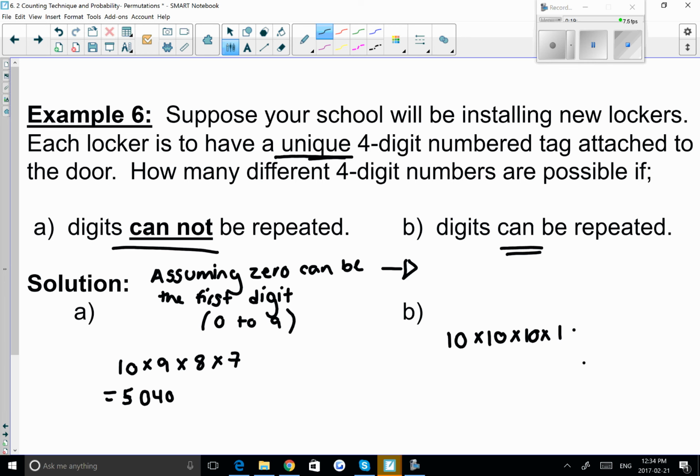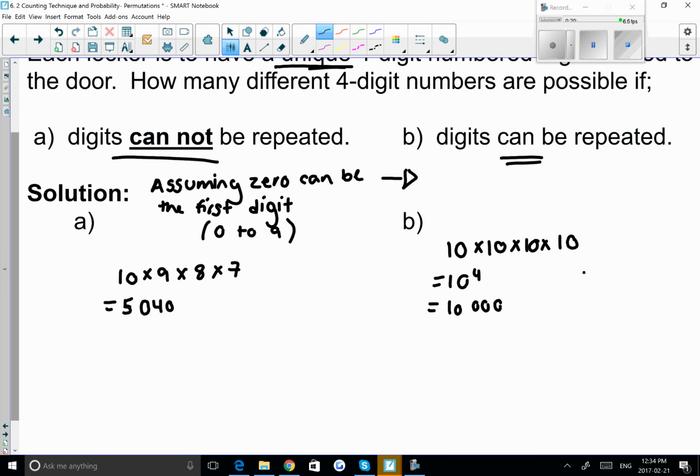And I can have 10 again. So I have 10 to the 4 possibilities, or 10,000 ways.